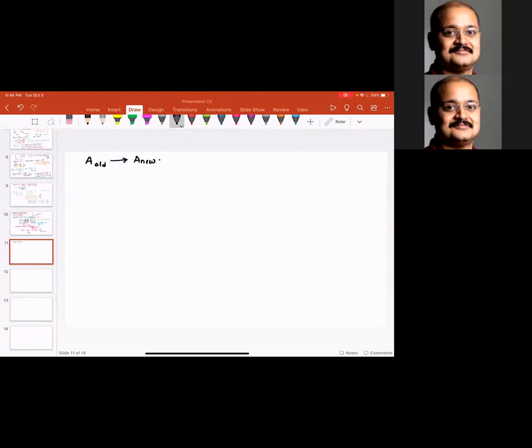But now this transition between A new and A old is time dependent. What does that mean? In other words, your matrix A is now a function of time.